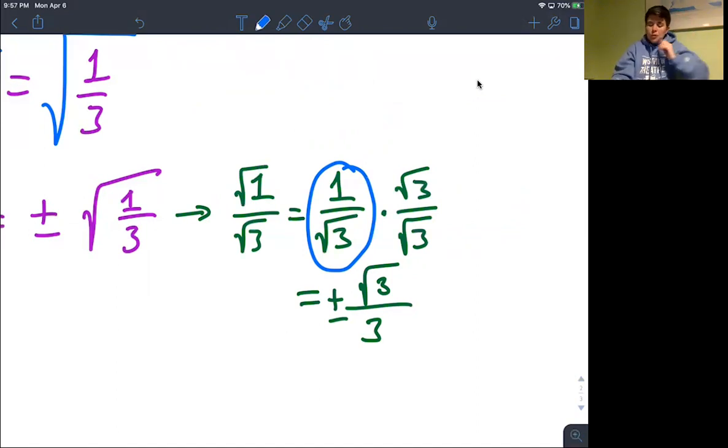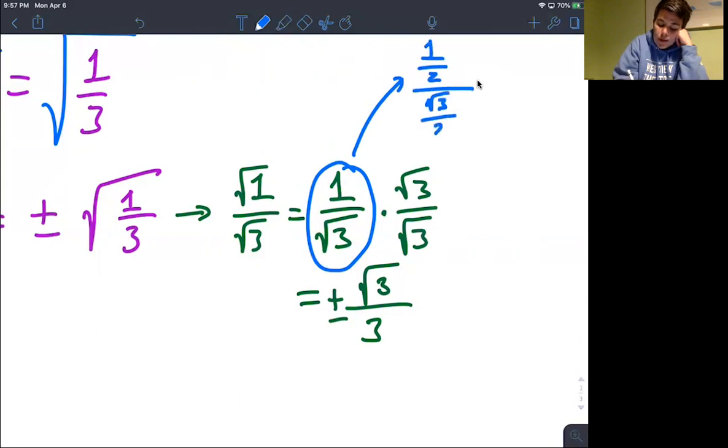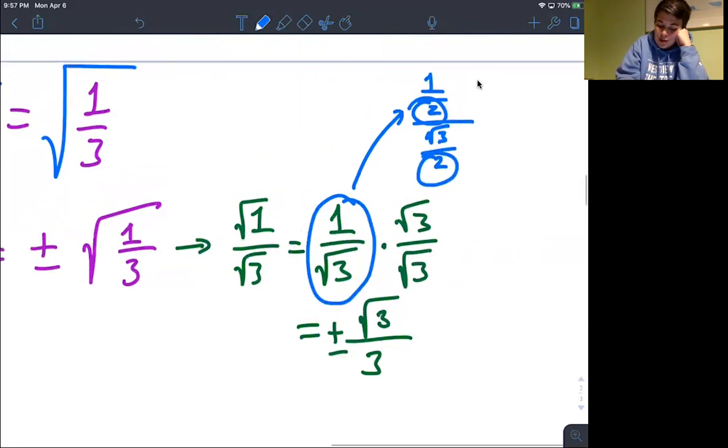Both of those are over 2. So if I think about this in terms of sine over cosine, if the top is 1 over 2 and the bottom is rad 3 over 2, then I'm wondering, would these 2's cancel out right here? You bet your boots they will, because watch this.